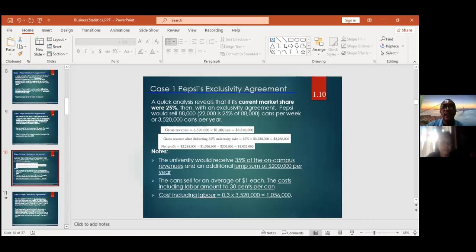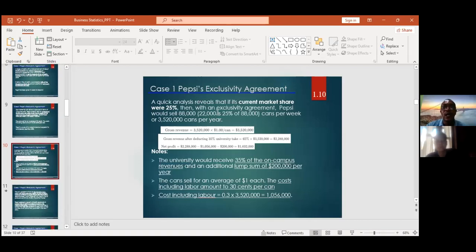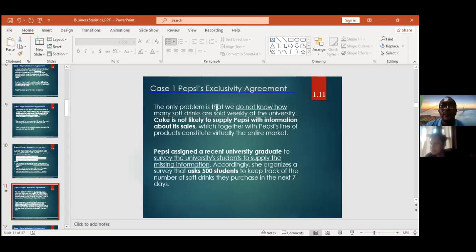So data is important because it helps you to be able to do some analysis. But there's a problem with making a decision on this agreement. The only problem is that we do not know how many soft drinks are sold weekly at the university. That is, Coke is not likely to supply Pepsi with information.